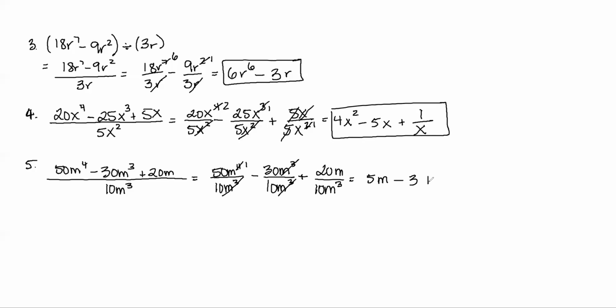So then plus our last term, 20 divided by 10 is 2, and then if I cancel out some m's here, I can cancel 1 from the top and the bottom, and so we're left with an m squared on the bottom of this little fraction. So again, just on the bottom of its own fraction, not underneath the whole thing.